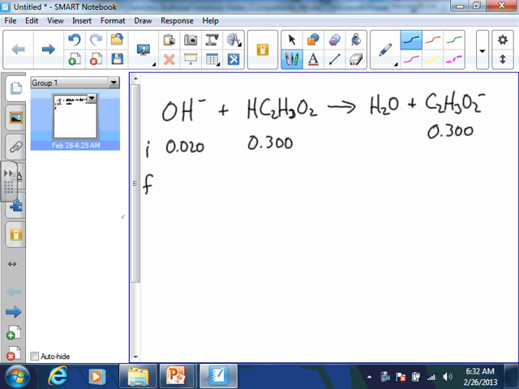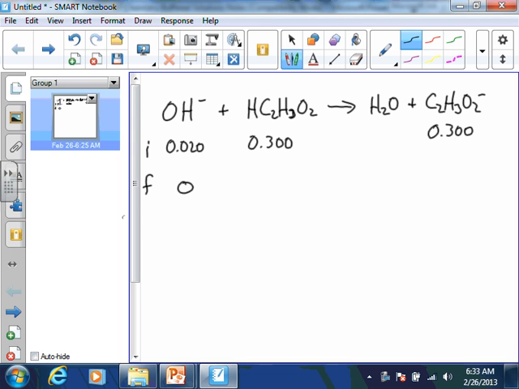All right. Now, with stoichiometry, this is all 1 to 1 to 1, right? So basically, if we have 0.020 moles of the OH minus, that's going to react with how much of the acetic acid? All of it. Or, well, no, I mean all of the OH minus is going to react, right? So basically it's going to react with 0.020 moles of the acetic acid. Does that make sense? So ultimately this is going to be gone. How much of this are we going to have left?